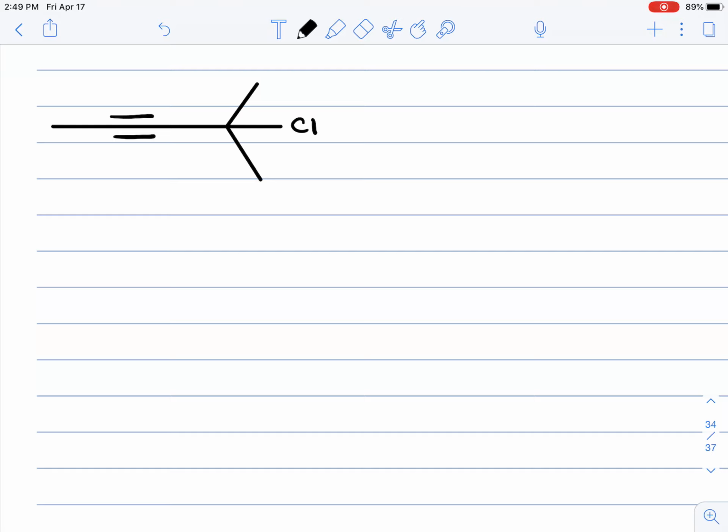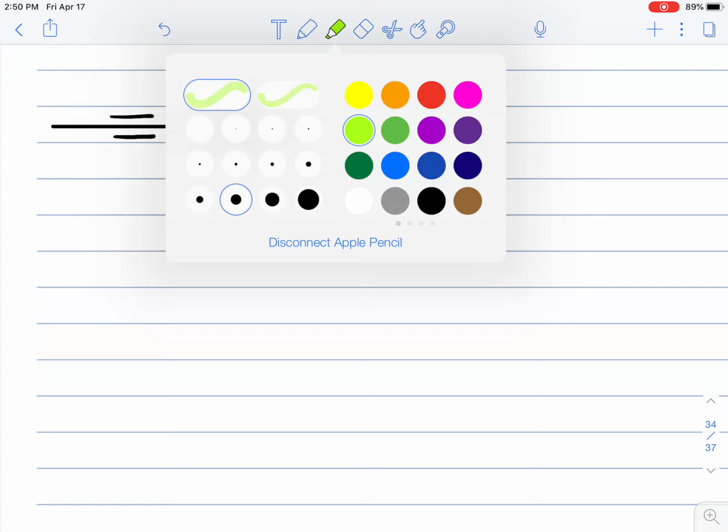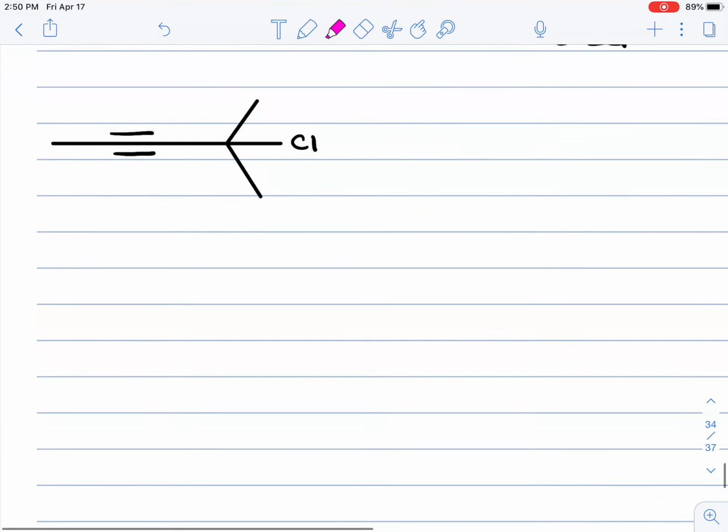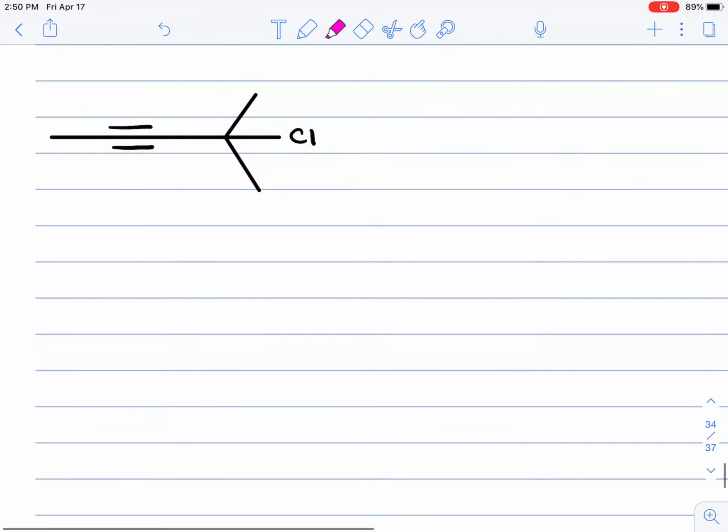So looking at this structure, this organic compound, it's a skeletal structure. I need to identify how many carbons I have in my parent structure. And once again, I'm going to use the highlighter pink to identify the carbons that are present in the parent chain.